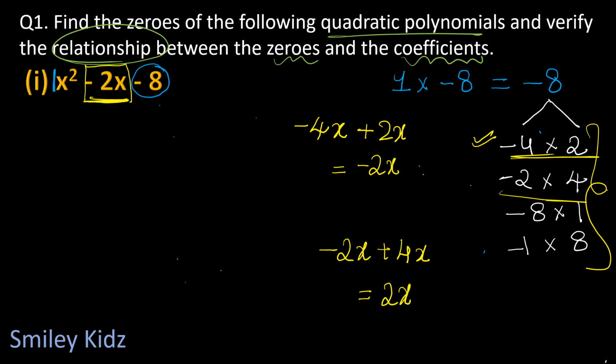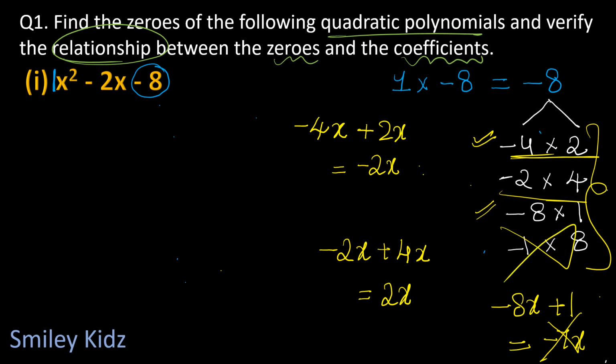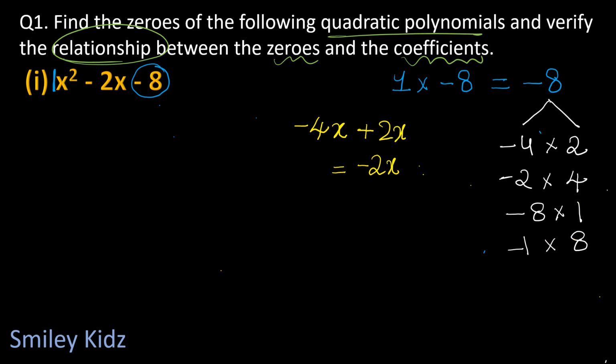This is called splitting the middle term, isn't it? Now if we take a look at the third one, that is minus 8 times 1, it's going to result as minus 8x plus 1x, which is minus 7x. This is not at all what we are going to acquire, right? Even the fourth one will result in the wrong answer. So we're going to take the first one into consideration and split the middle term.